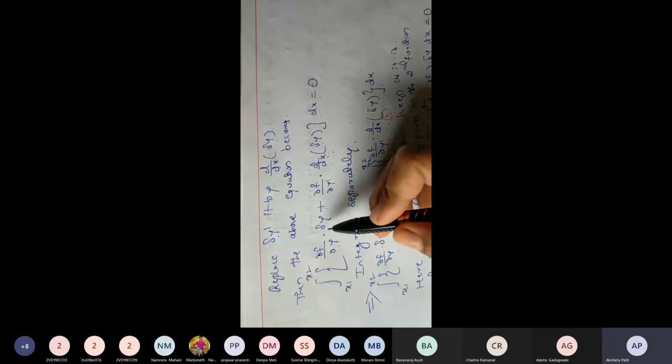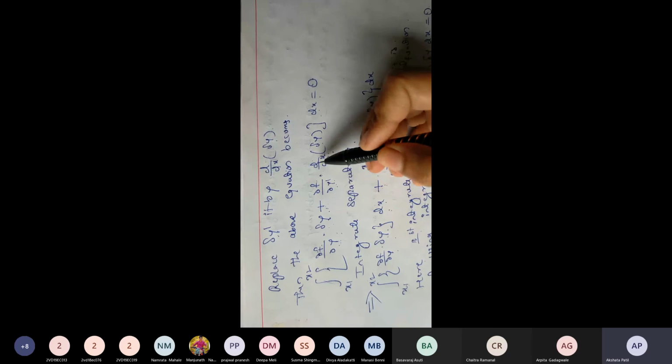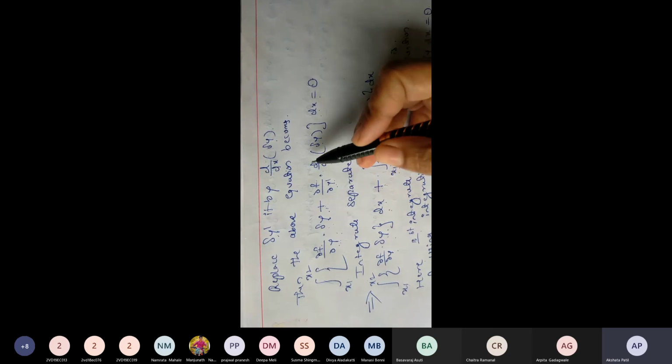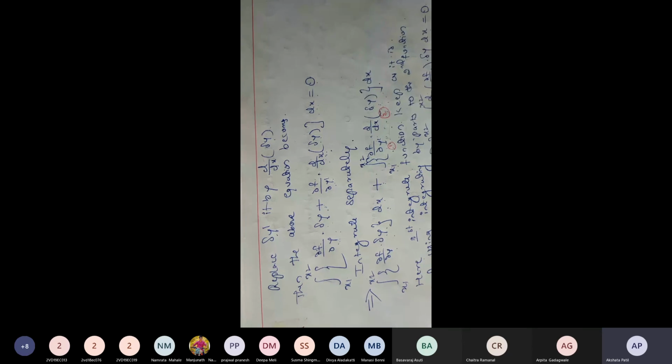So the above equation becomes the integral of dou f by dou y into delta y, keep as it is, plus dou f by dou y dash times d by dx of delta y, into dx, which equals 0. Now integrate separately.